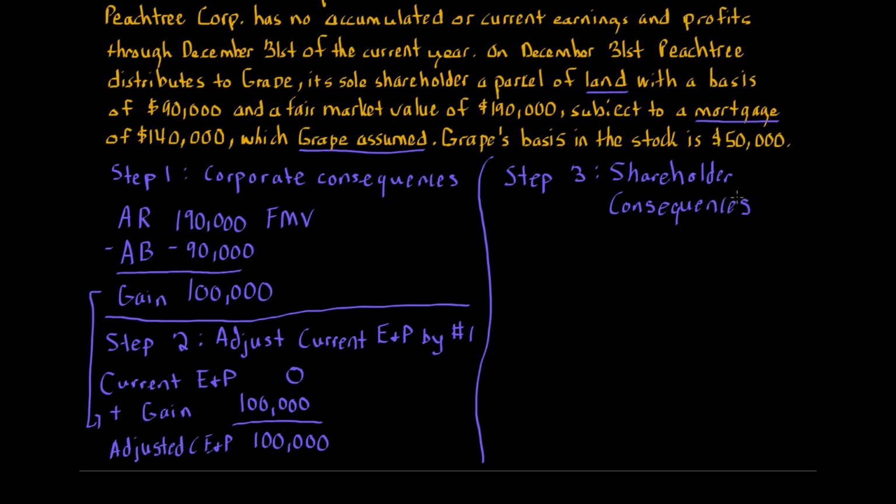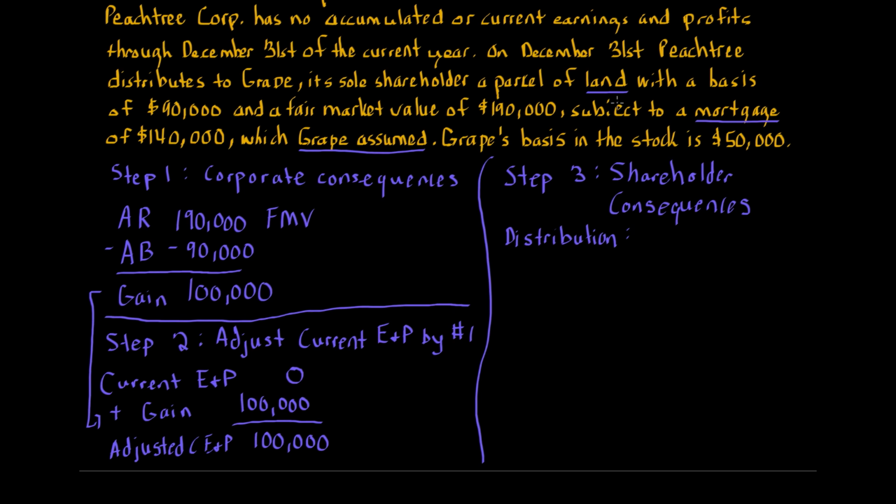Now, before we determine that 3-part waterfall, we have to determine the amount of the distribution. So the distribution equals the amount of cash received plus the fair market value of any non-cash property received minus any liabilities assumed. So here, is Grape receiving any actual cash? No. Grape receives a parcel of land.